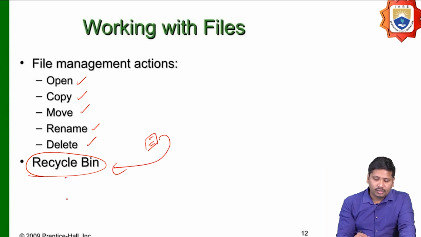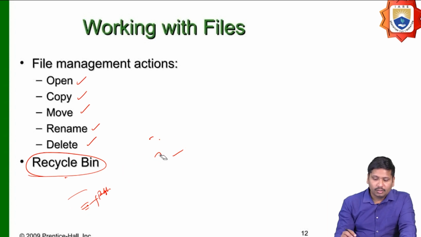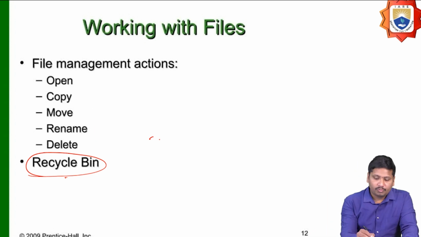So if you open this recycle bin and choose the option like restore, then automatically it will be available at the location where that file was deleted. And some of the major options of working on files is to open the file. So I can open the file wherever it is available.